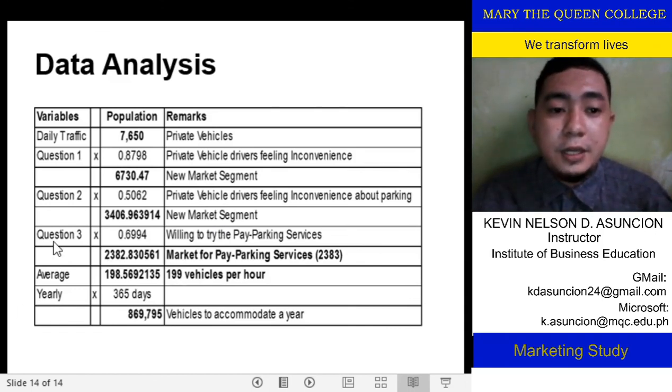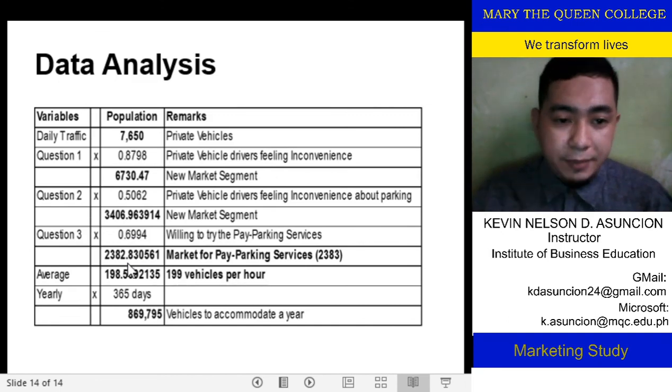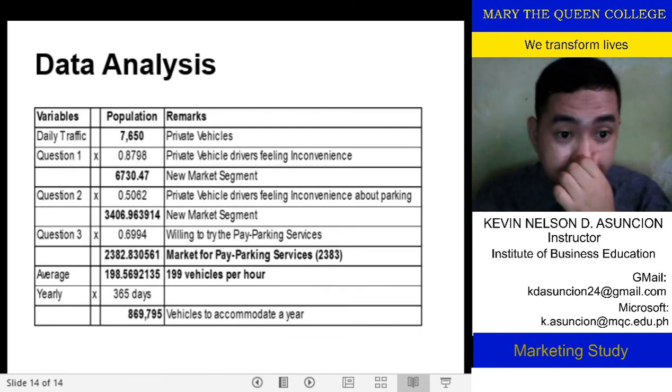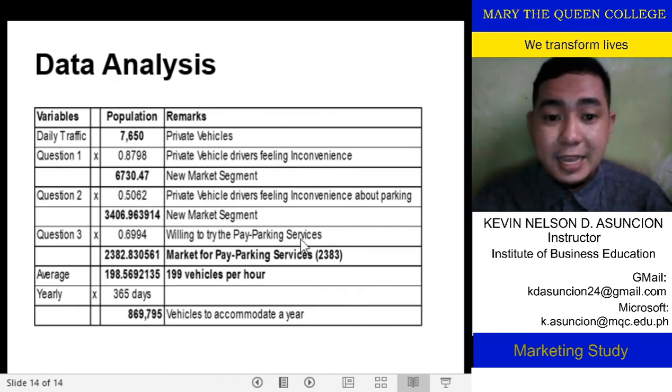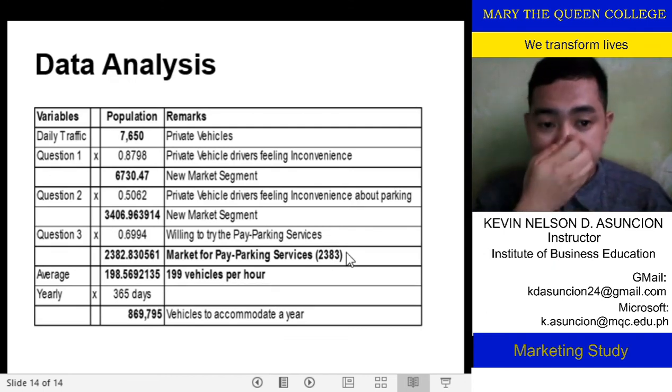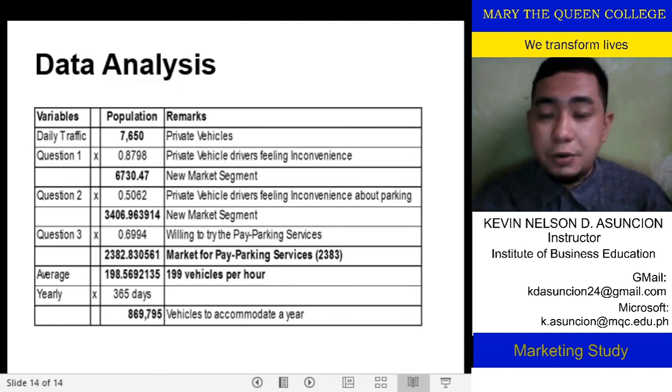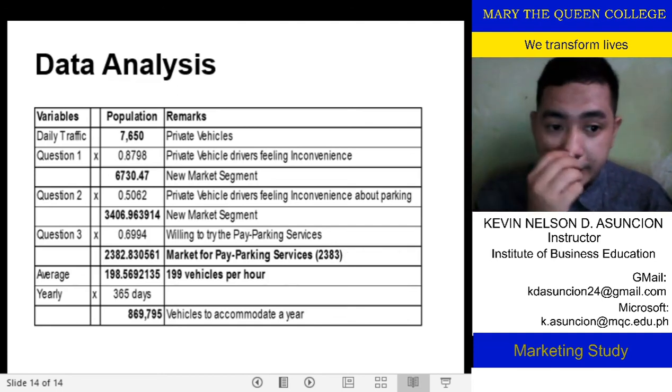Vehicle owners. Then question number 3: are they willing to pay for a parking service? Answered yes, that's 70%. So that means there's a market for pay parking services of 2,382. In fact, it's 83. Within one day, that's how big the business is in Guagua.